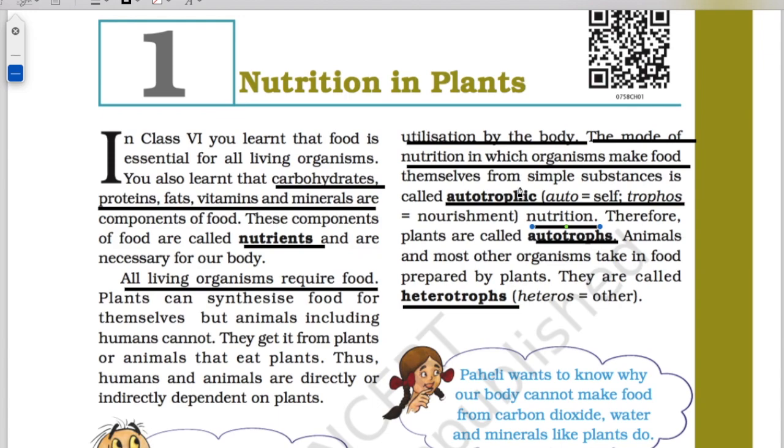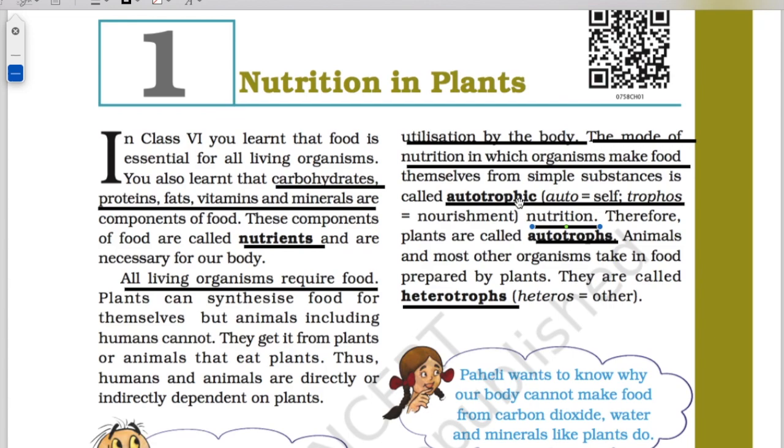What is meant by auto? Auto means self. Trophos means nourishment. It means that the organisms which can prepare their food on their own are known as autotrophs, and this type of nutrition is known as autotrophic nutrition.